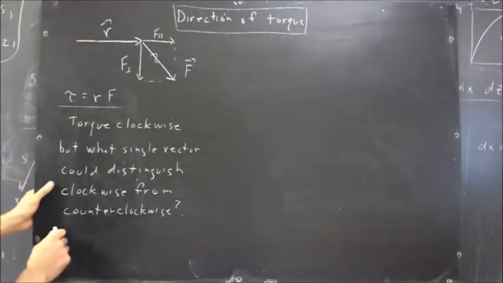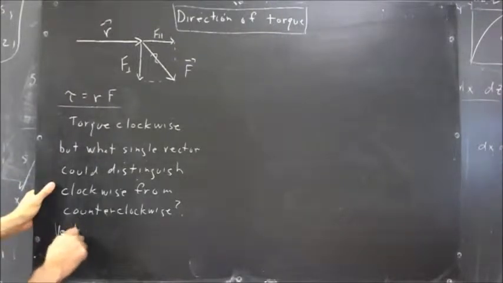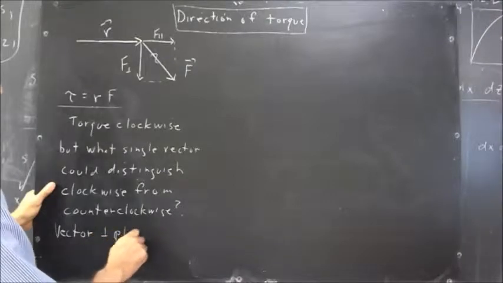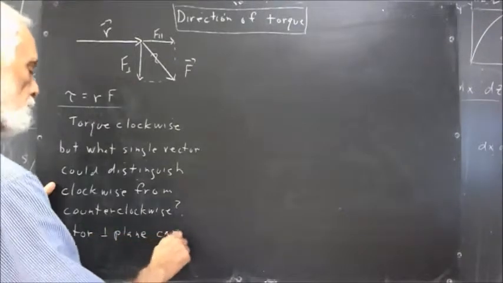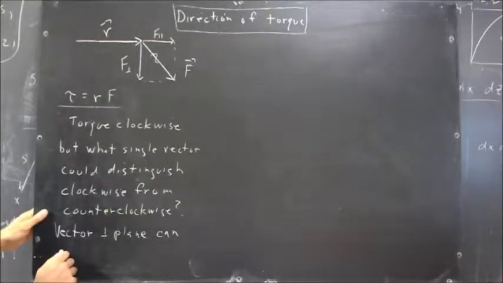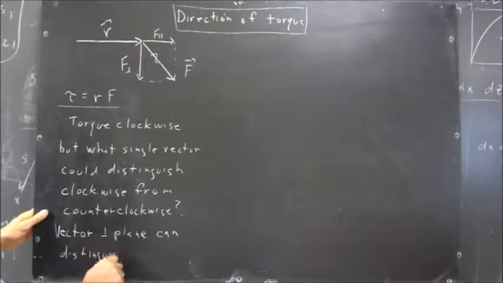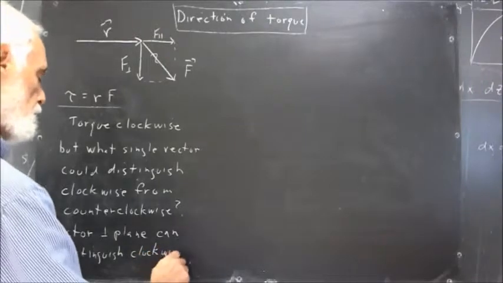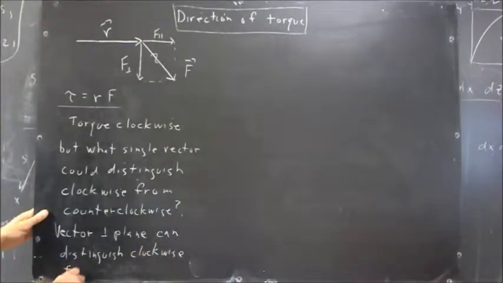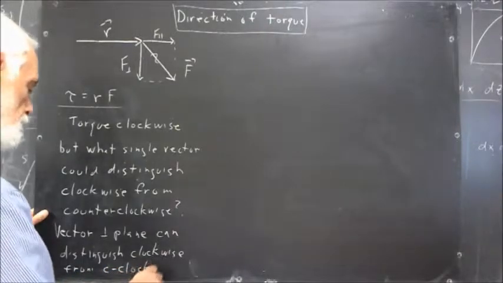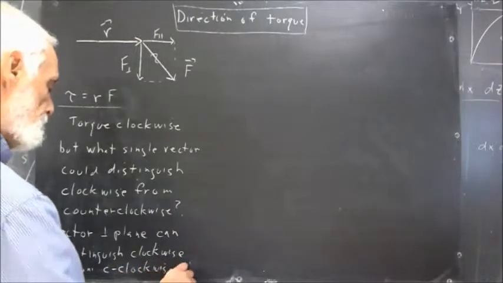Okay, so a vector perpendicular to the plane can distinguish clockwise from counterclockwise in the plane.